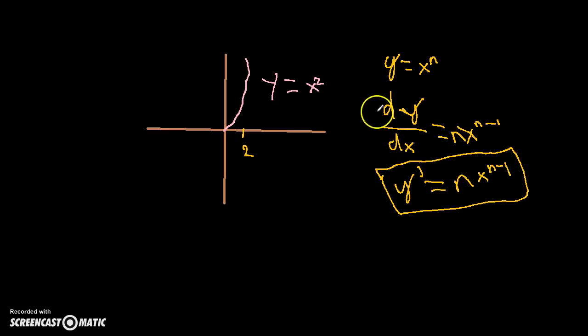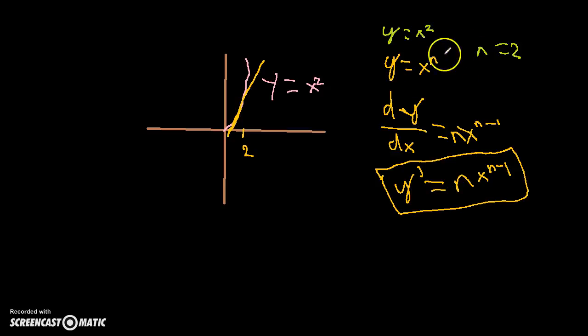Okay, so let's see. So what would the slope of the line be at this point? So let me see if I can try to approximate slope. So the slope of the line will equal, so actually let's take the derivative of this function y is equal to x squared. n is equal to 2.